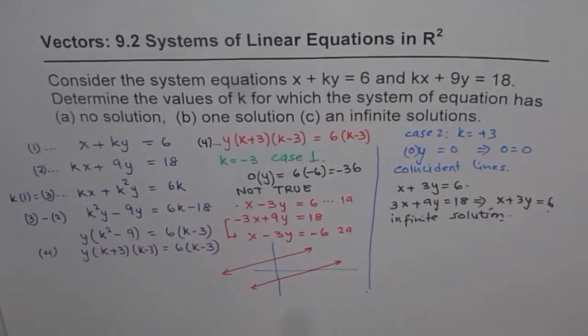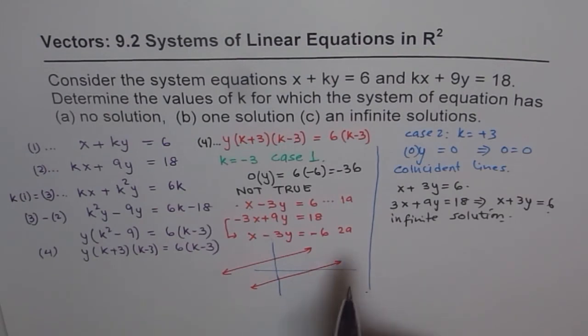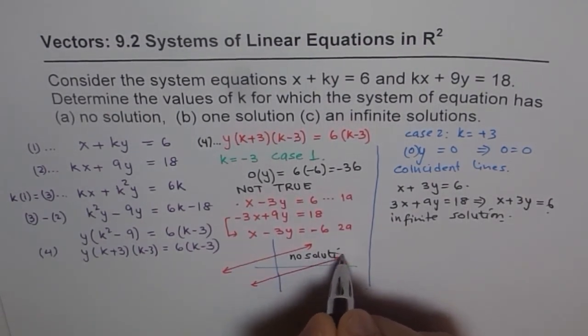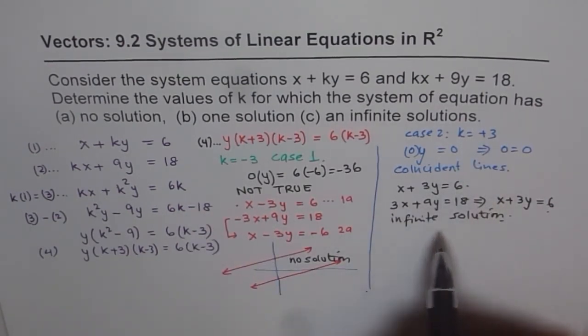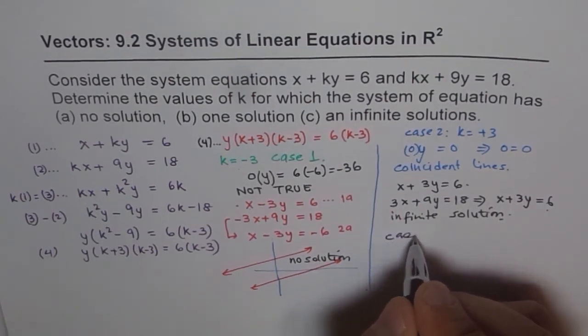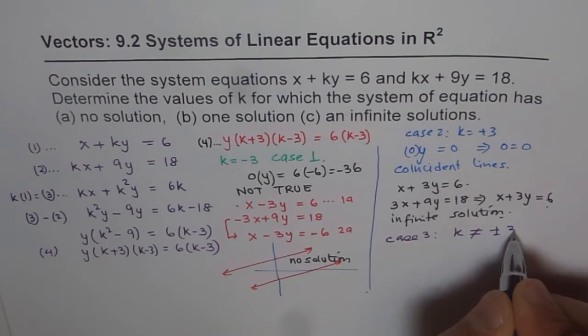So what we have found here is, if k is minus 3, we get parallel lines with no solution, right? So this was no solution when k is minus 3. If k is plus 3, then we get infinite solutions. They're exactly the same lines. And so we're left with case number 3, that k is not equal to plus or minus 3.